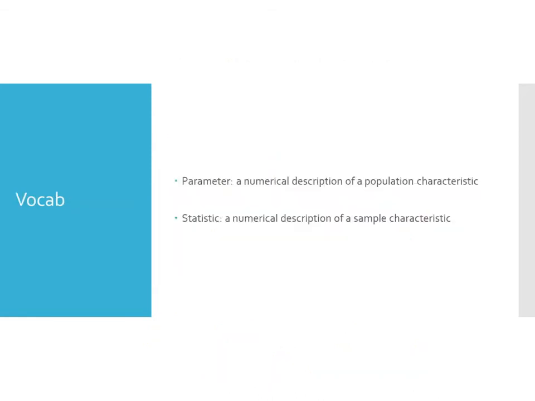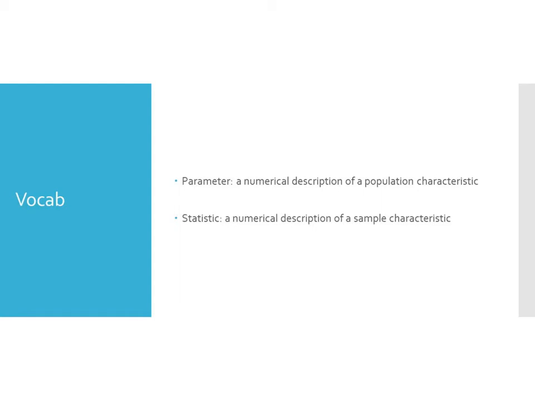So 2 other vocab words that we need to talk about today are parameter and statistic. A parameter is a numerical description of a population characteristic. So some numerical descriptor of the entire population, whereas a statistic is a numerical description of a sample characteristic. So it depends on if you're talking about the whole large population or the subset of a sample.